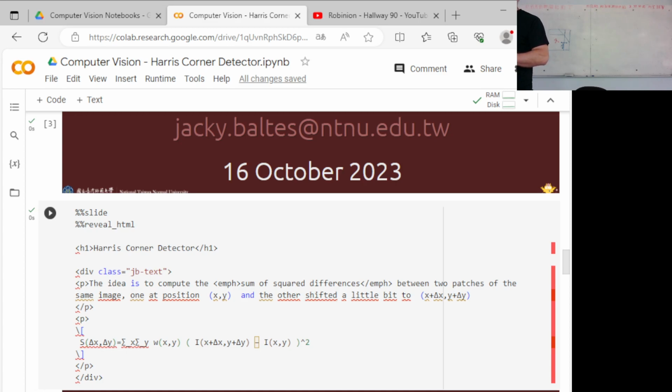I want to have points that if I move them by a tiny bit and then overlay them on the image, would look very different. And those would be the points that I want to track.